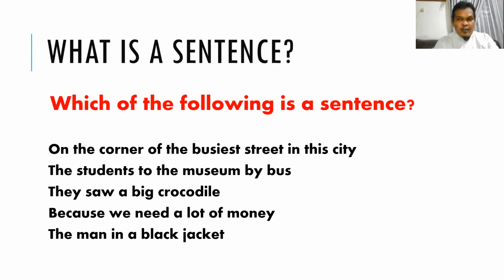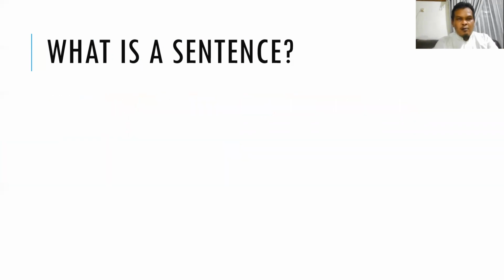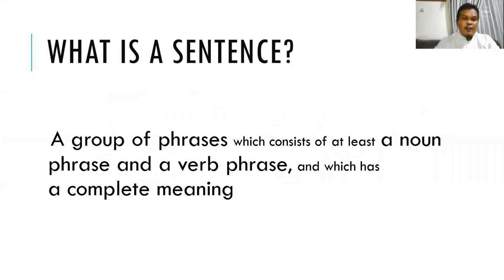Okay, now, what are the criteria of a sentence? These criteria help us build the definition of a sentence. Now, what is a sentence? Okay, we can define a sentence as a group of phrases which consists of at least a noun phrase and a verb phrase.